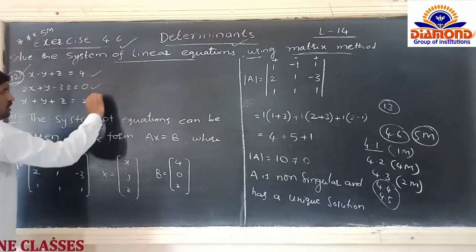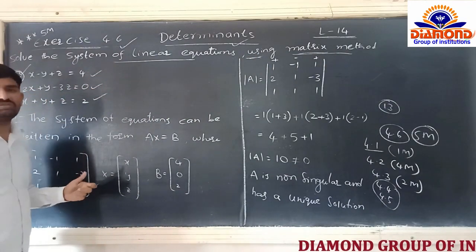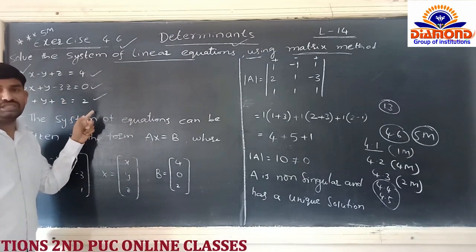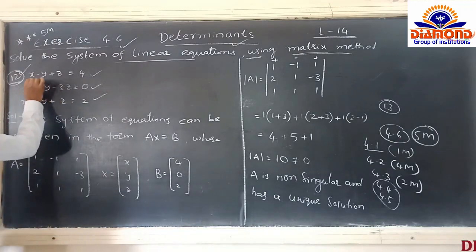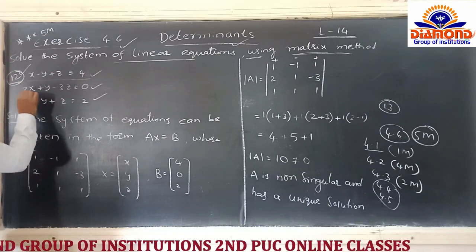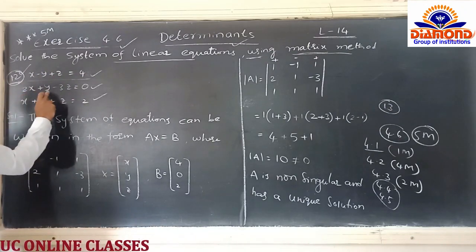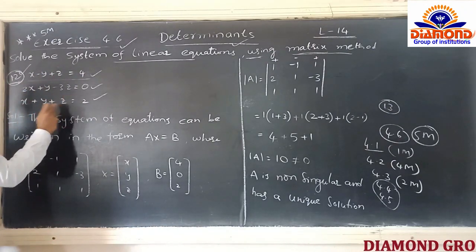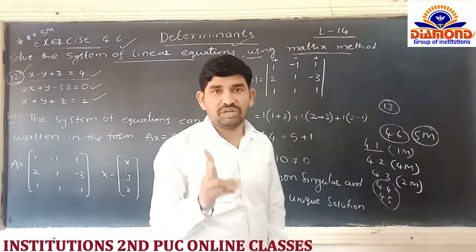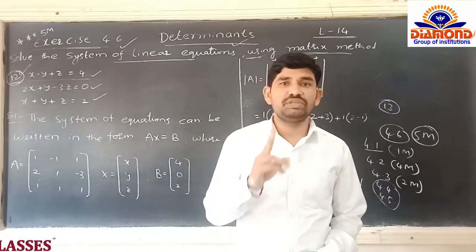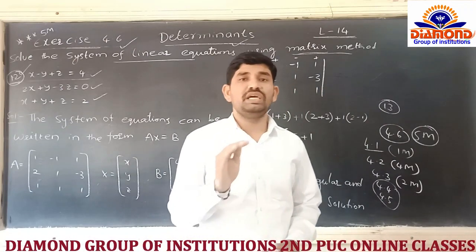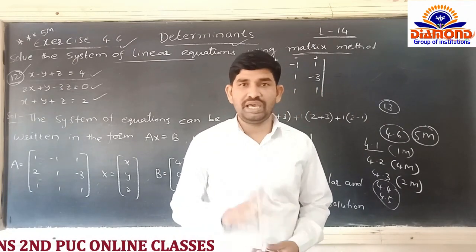There are 3 equations. Suppose he gives 3 equations in our question, remember he will definitely give 3 variables: x, y, z. The first equation contains 3 variables x, y, z, the second equation also has x, y, z, and the third equation also has x, y, z. Suppose he gives only 2 equations in the system of linear equations; then he will give only 2 variables, x and y.